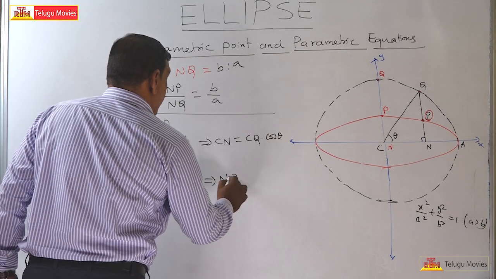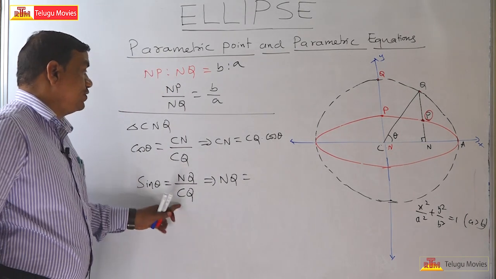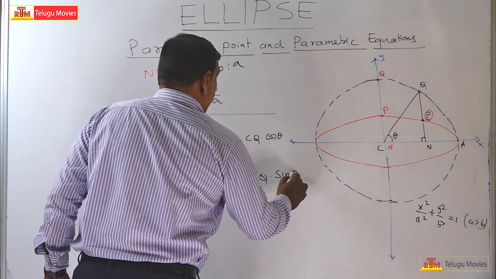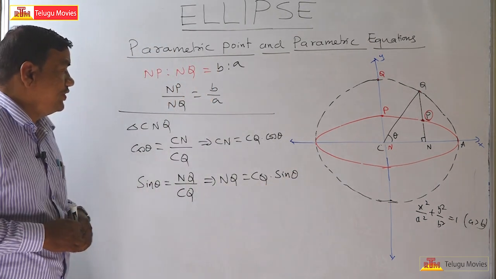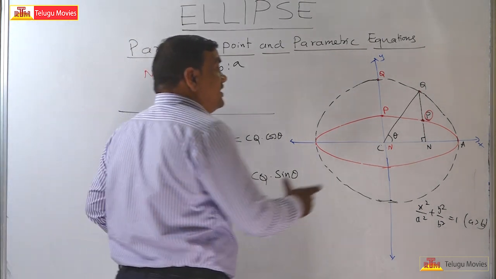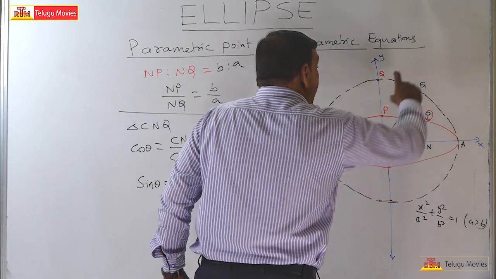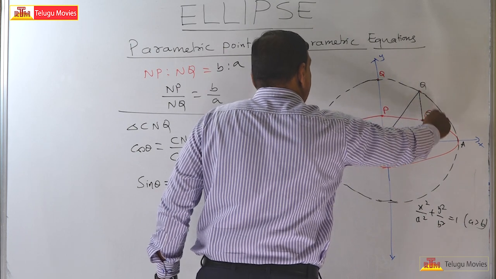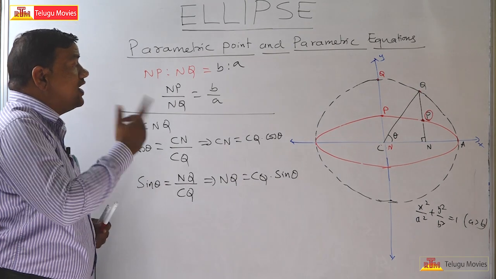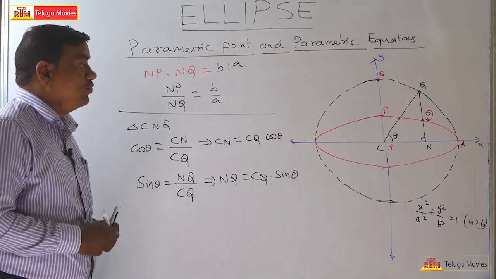This implies NQ is equal to CQ into sin theta. Here CN is nothing but the x coordinate of both the points P and Q. And NQ is nothing but the y coordinate of the point Q.